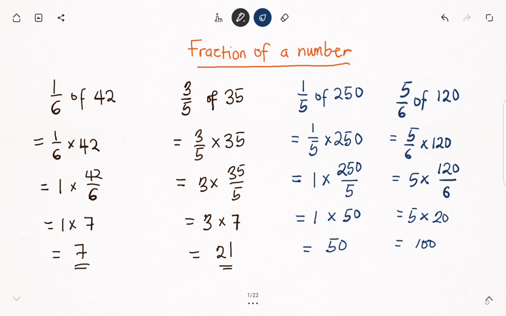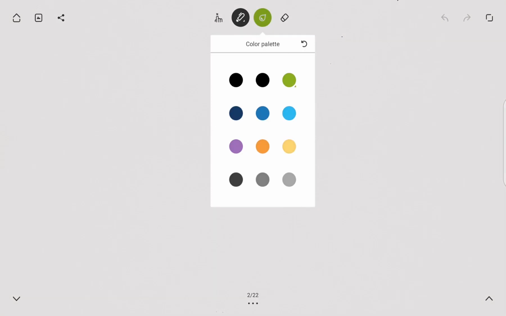Right, so let's have a look at more examples. So try the following examples yourself and see what answer you are going to get. All right, so let's try the following examples. We have example number 1, 3/4 of 56.